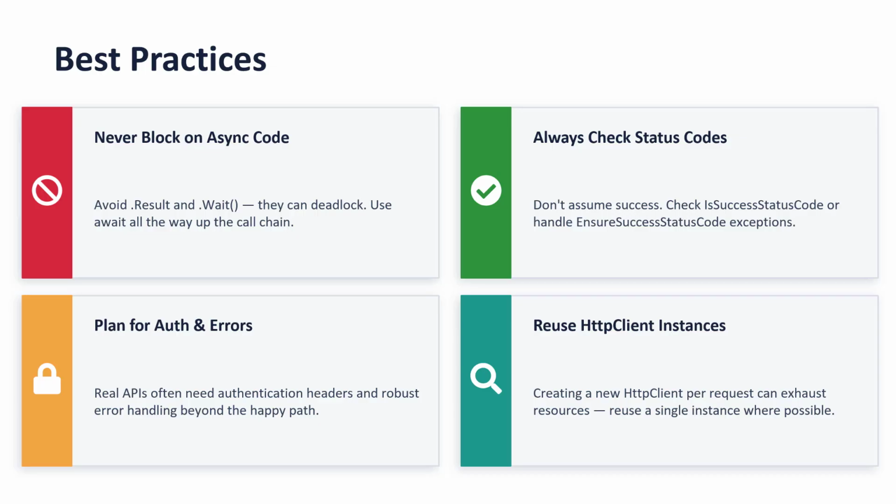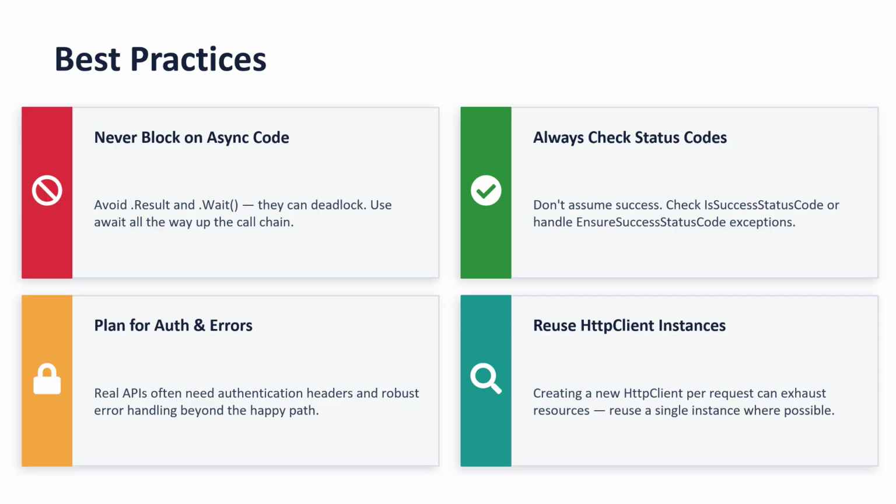Always check status codes. Don't assume an API call succeeded just because there's no exception thrown. We check is success status code explicitly or use ensure success status code and handle the exception it throws on failure. Either approach is going to work, but silently assuming success is how bugs slip into production.